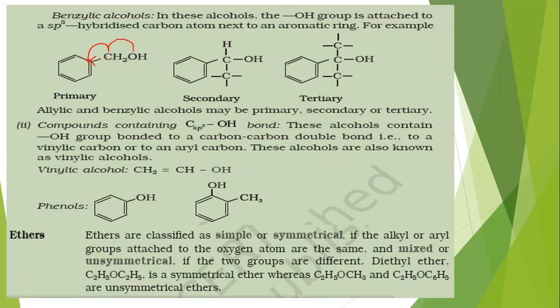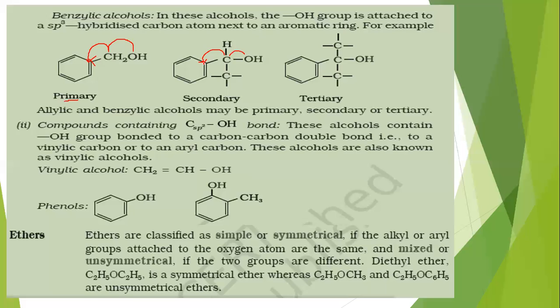And here this is primary, because this carbon is bonded to only one carbon. So this is primary benzylic alcohol. Why is this secondary? OH is attached to this carbon which is directly bonded to a carbon of the aromatic ring.